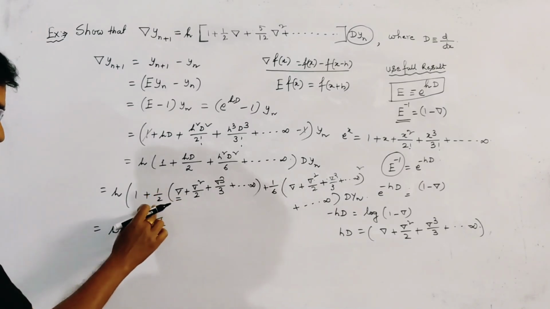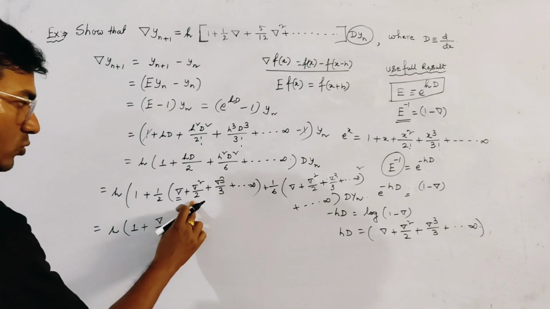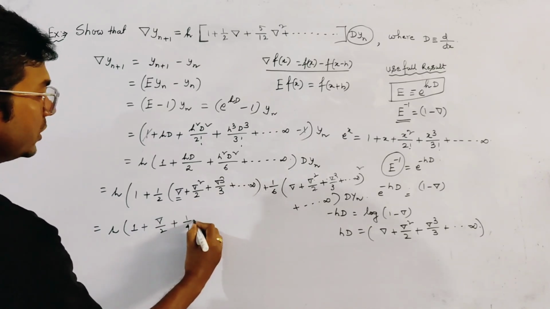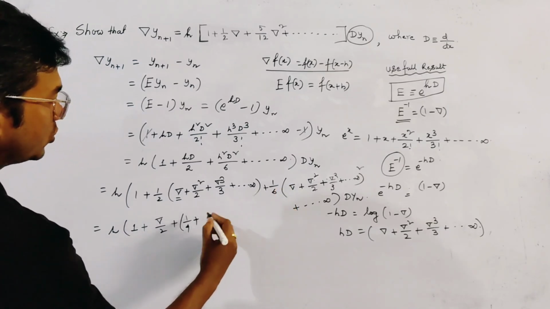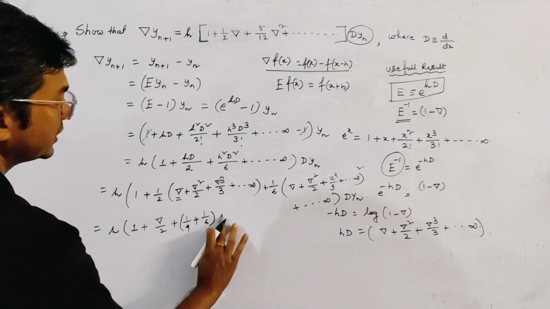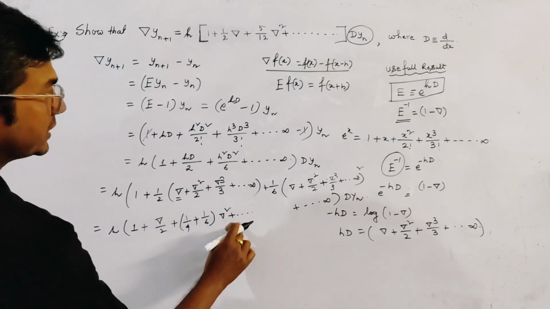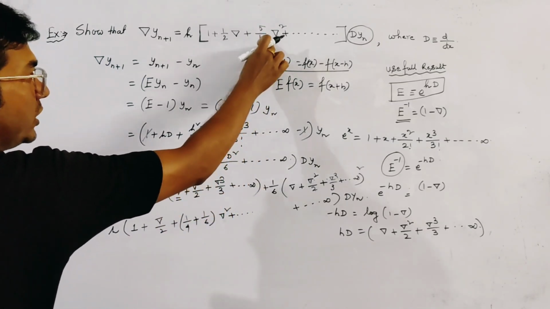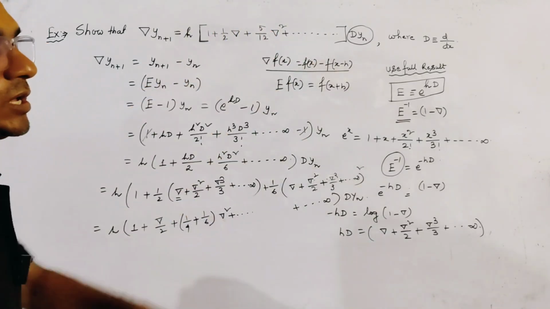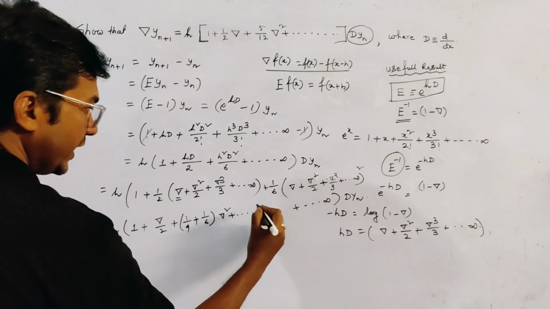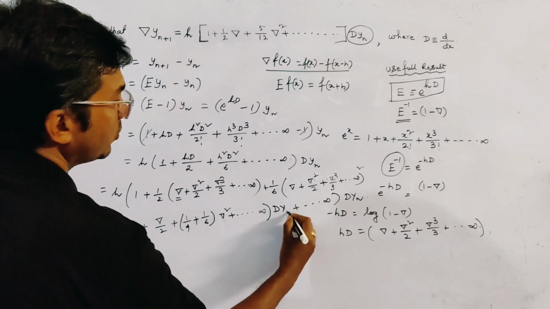Then we get the nabla square term: from here we get 1 by 4, plus from here we get 1 by 6 into nabla square, and so on. Since in the proof only the nabla square term is needed and no other terms are given, we write to infinity, and the last is Dy.